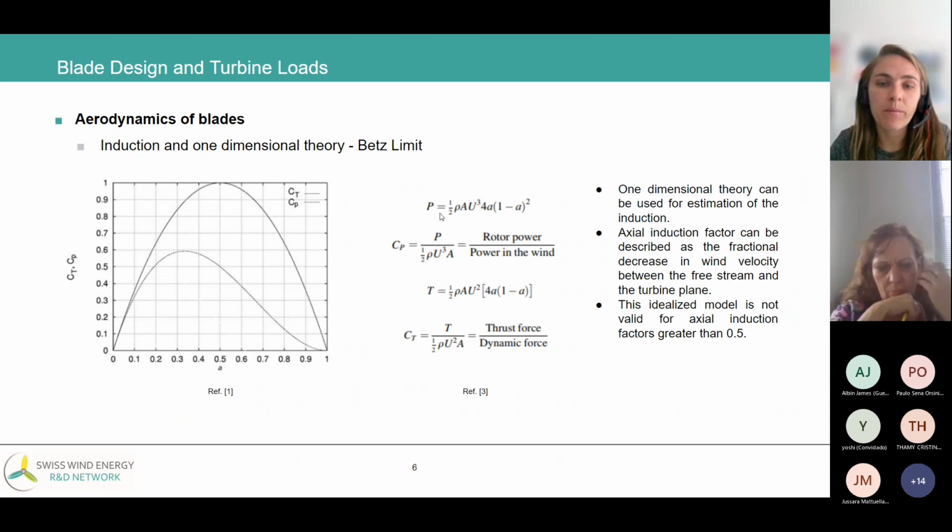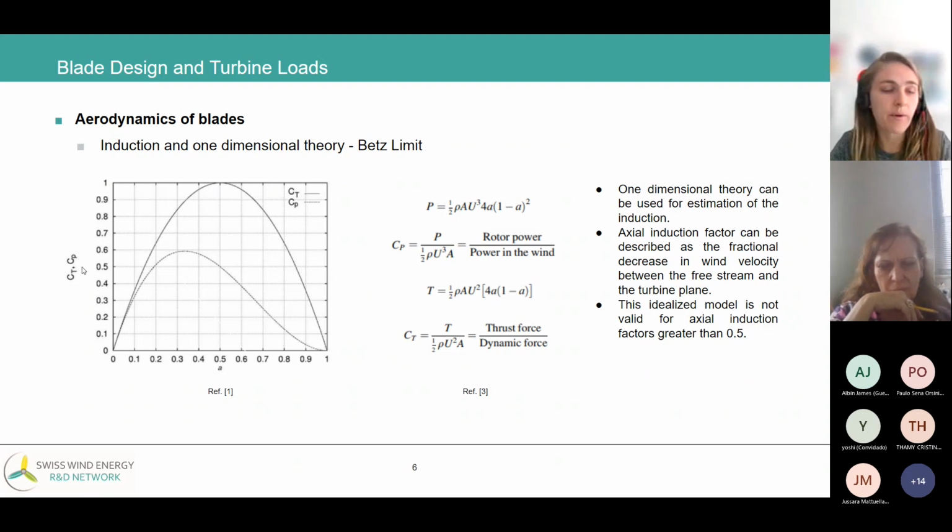We correlate the power production and the thrust on the blade because they are very similar, but the wind speed for the power production is to the power of 3, and here it's to the power of 2. Once we correlate the power and the thrust, we can derive and see that we cannot go higher than 0.59.